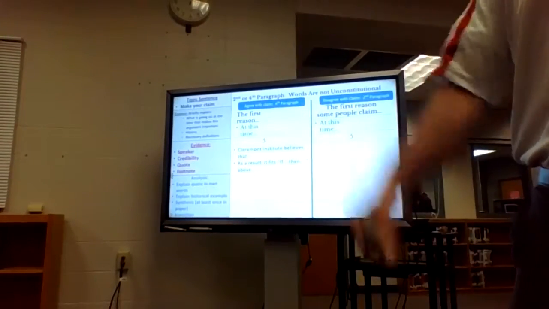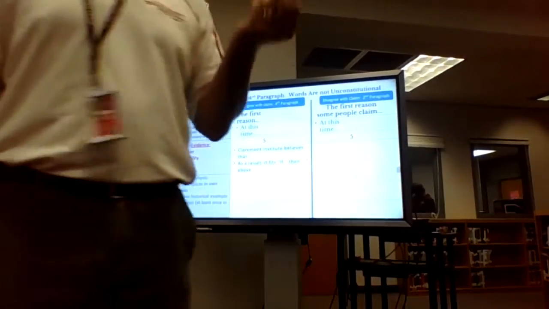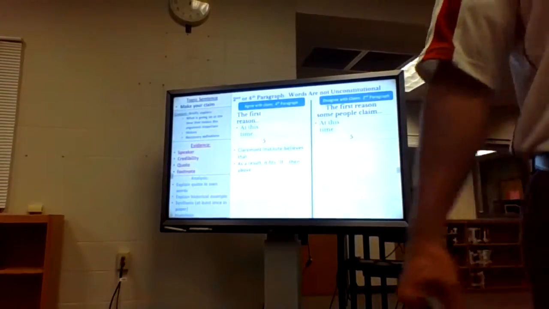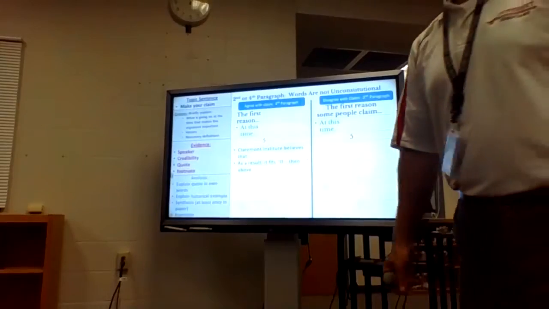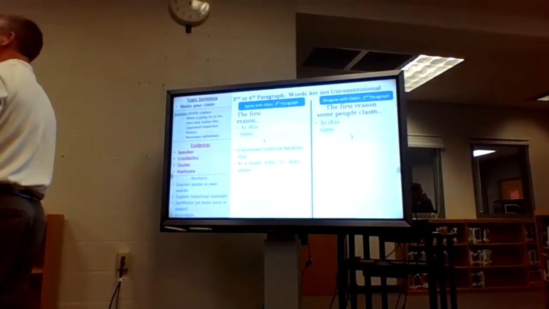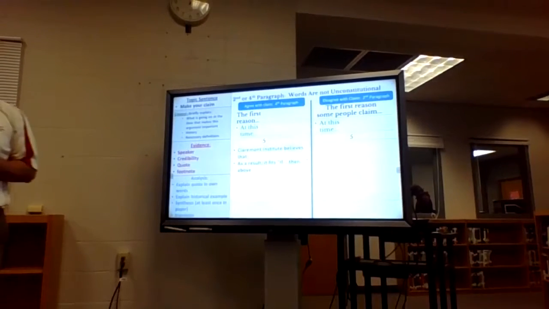Here's a third way. The words under God do not violate the First Amendment. Here's another way of saying it. The words under God do not violate the Establishment Clause. Here's another way. Do you get it?